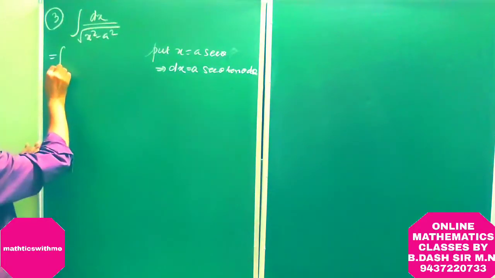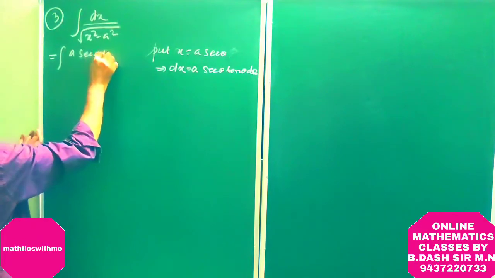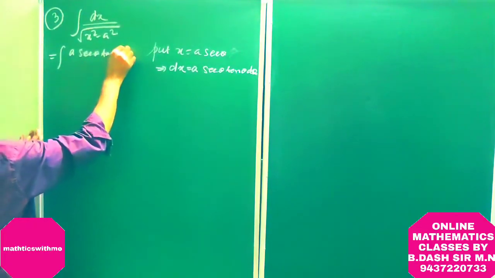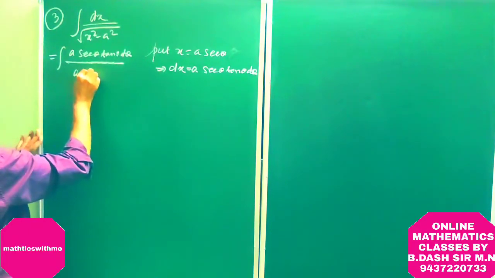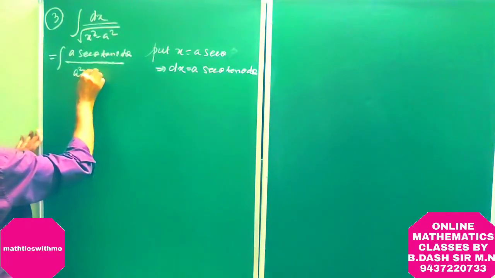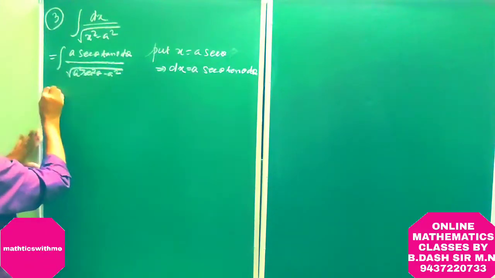So the given integral becomes a sec theta tan theta d theta divided by (a square sec square theta minus a square) whole root over.